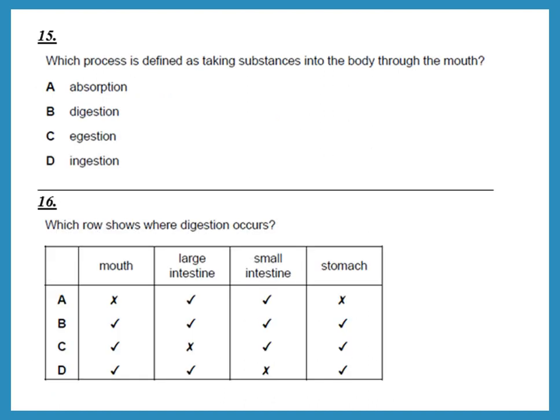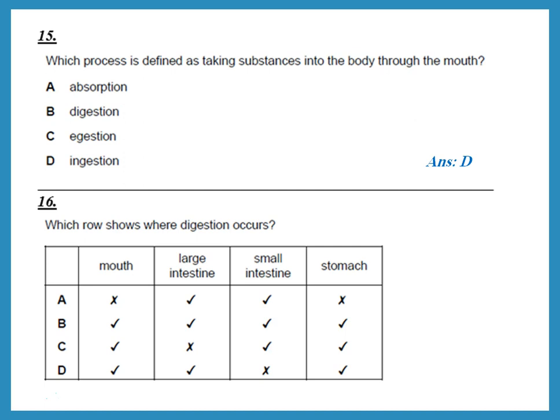Which process is defined as taking substances into the body through the mouth? We said when we put food into our mouth, this is called what? This is called ingestion. Which row shows where digestion occurs? Okay, did we have digestion? Remember digestion, breaking up large molecules into smaller molecules. This occurs where? In the mouth?